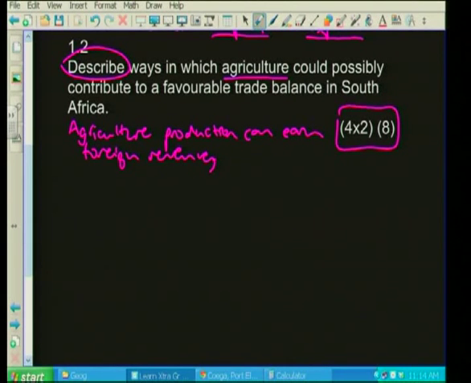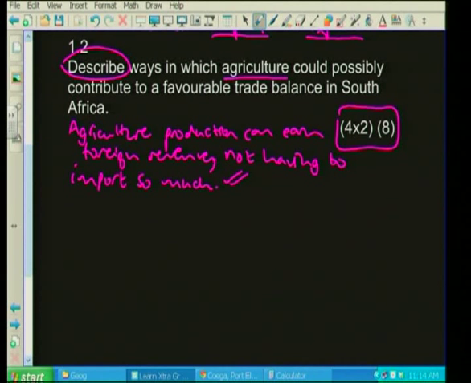So agriculture production means that we do not have to import as much food. We can also earn foreign revenue. Not having to import as much food means we also save money from our import costs, and that is a positive thing as well for us. So that's a first point there for 2 marks.